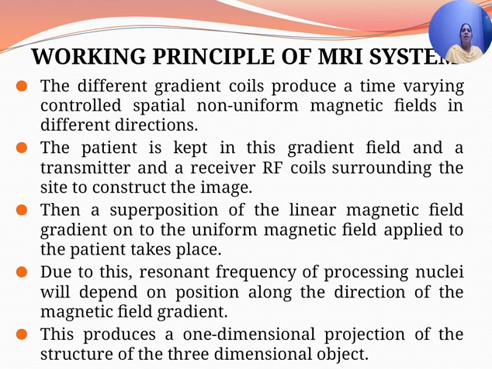So when the antenna transmits these RF signals into the body, what is happening? The superposition of a linear magnetic field gradient on the uniform magnetic field applied to the patient takes place. Due to this, the resonant frequency of the precessing nuclei will depend upon the position along the direction of the field gradient. So this produces a one-dimensional projection of the structure of the three-dimensional object.